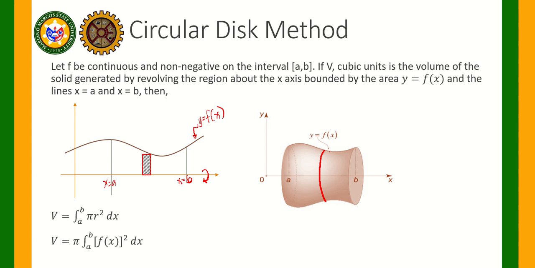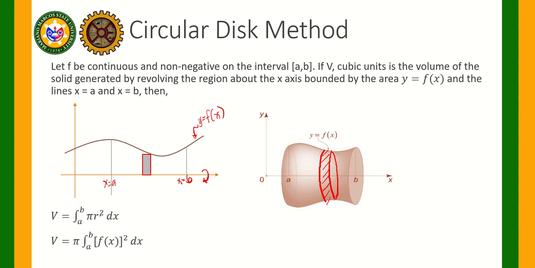And this is now the strip. So, ito ngayon yung isosolve mo. Okay? Take apart and then integrate. So, the formula for the volume of a solid using the circular disk method is equal to the integral of pi r squared, kasi yung cross section na nabuo natin will be a circle.